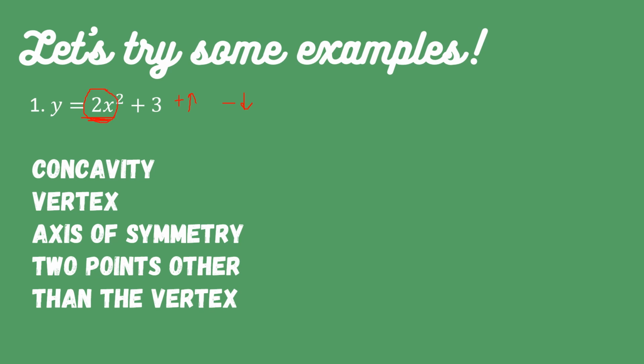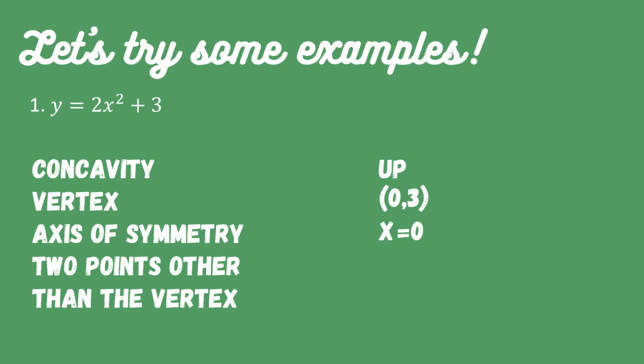Kaya the concavity is upward. Vertex. So for the vertex, you can use the h and k formulas to find the value of h and k. So for the formula, marirecall niyo po yan sa previous lessons natin. So we have 0, 3.